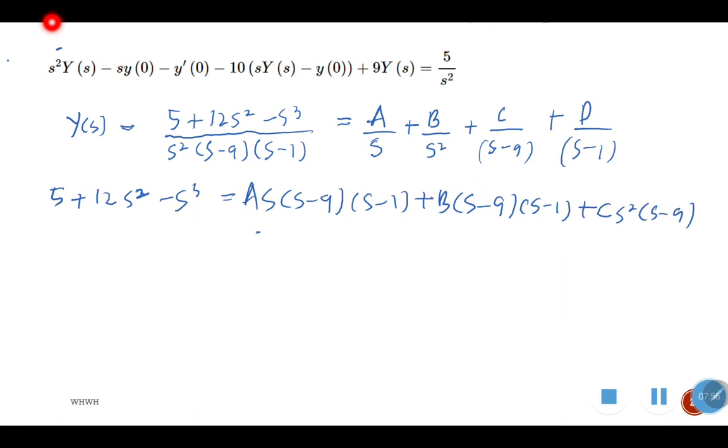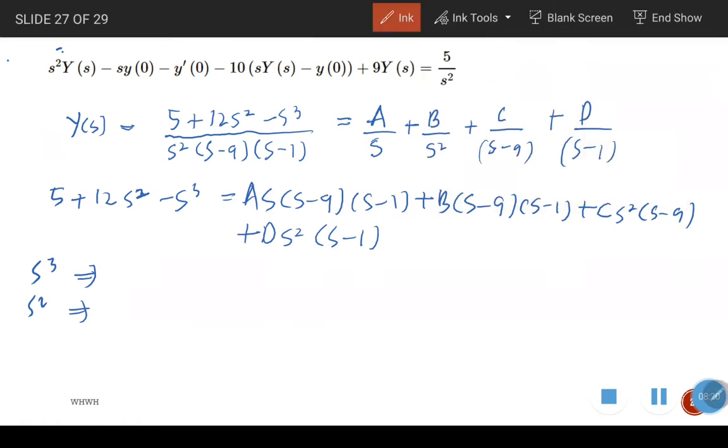We do the same step as before: list the s cubed equation, the s squared equation, and compare the left and right hand sides.